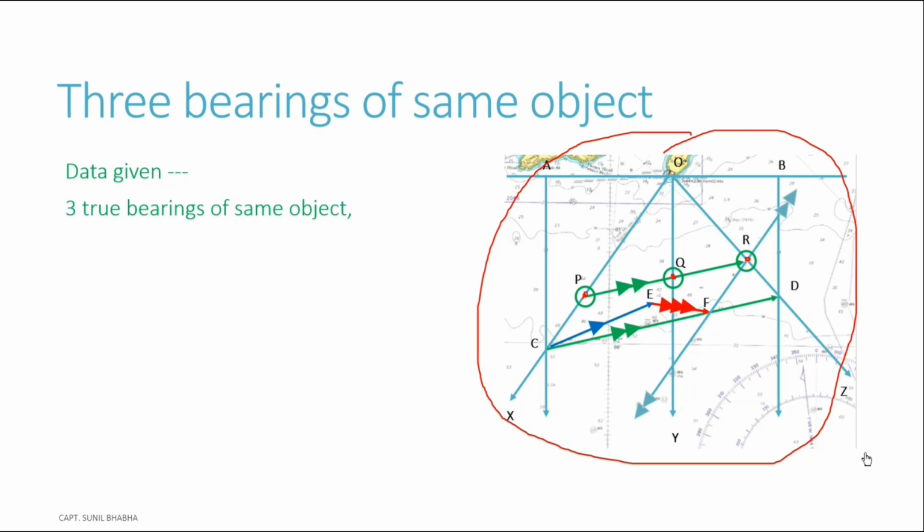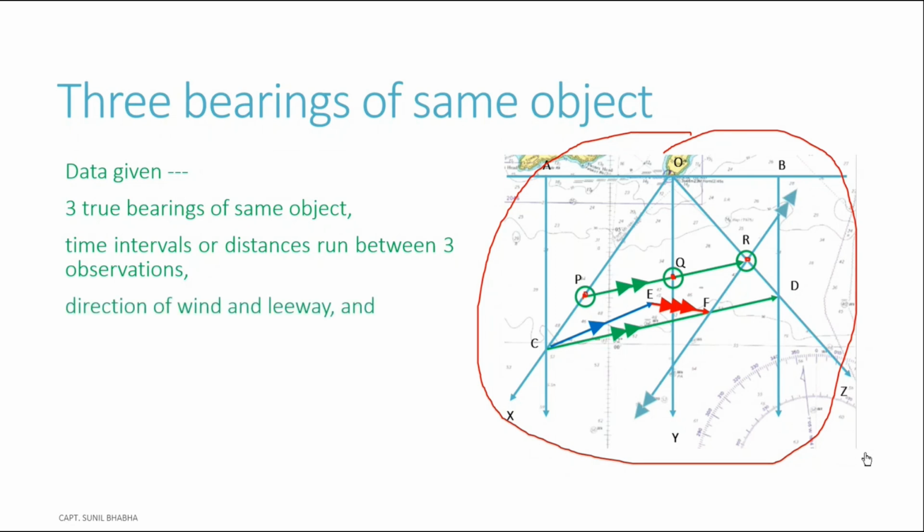They will provide us with three true bearings of a object. They will also give us the time intervals or distances run between the three observations. They will give us the direction of wind and leeway if there is any.